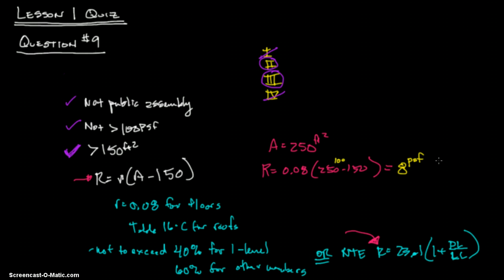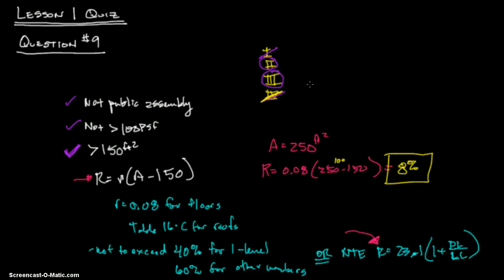It is reduction in percent. Oh, okay, so it's not PSF. I was wrong. It's an 8% reduction. It says not to exceed 40%, and 8% is much smaller, so you can only reduce it by 8% and not 40%.